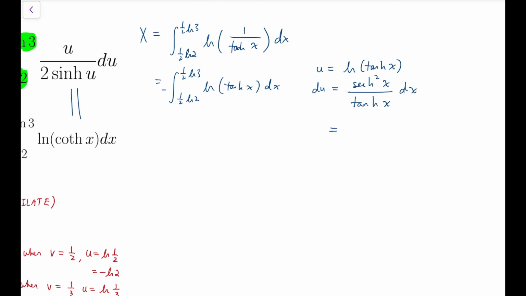And simplifying, we will have 1 over sin x and cos x times dx. Afterwards, I'm going to let dv equals dx, and then integrating I have v equals x, so I can proceed with the integration by parts.